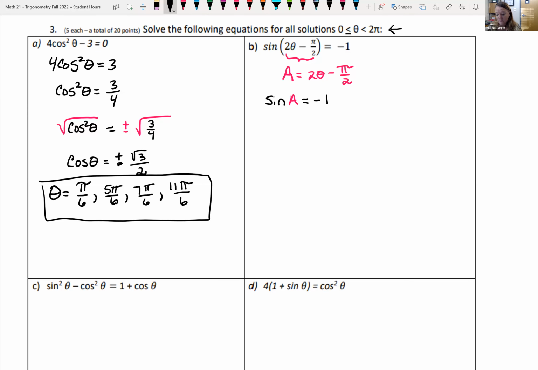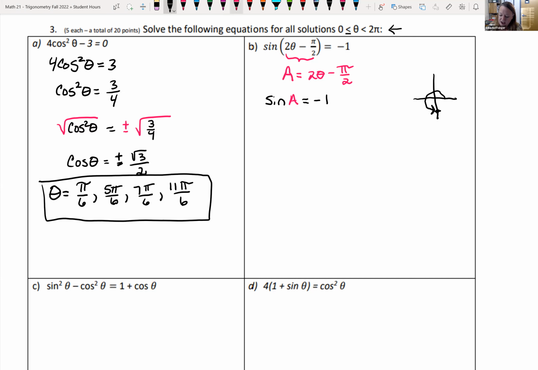So I don't have the inverse function, so I'm thinking about anywhere between 0 and 2pi where sine would give me back -1. Sine is the y value of the point on the unit circle. And so this is where we would hit -1 for y, and that is 3pi/2.